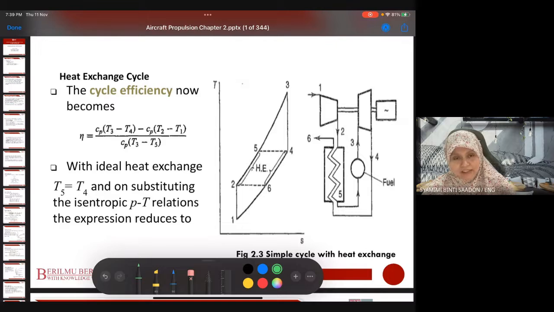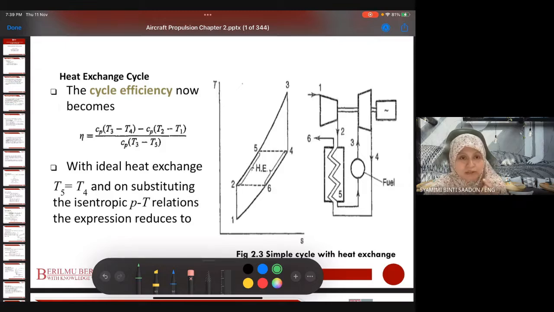The heat supply in an aero engine is the heat transfer within the combustion chamber, the combustion process. So that is the heat supply, basically the fuel that we have to supply. Of course, we want to reduce this utilization of fuel as much as possible, right?